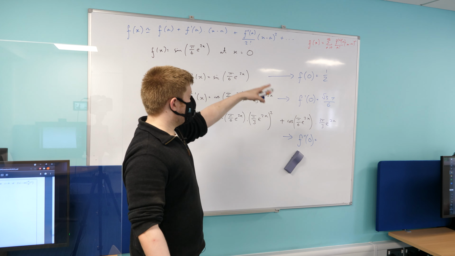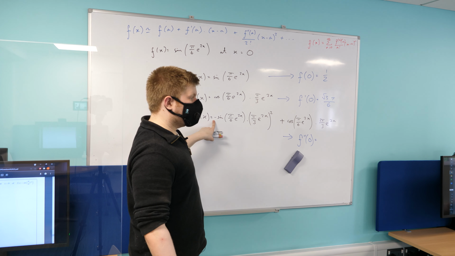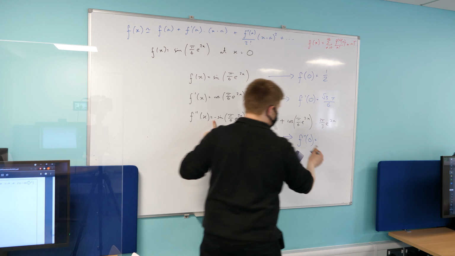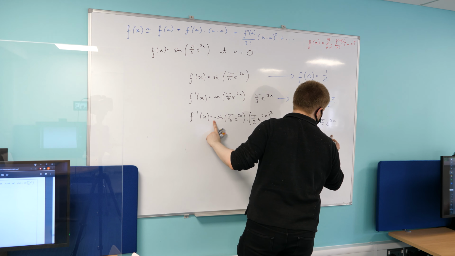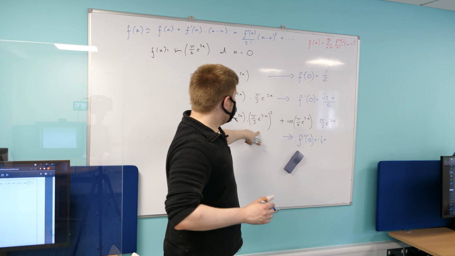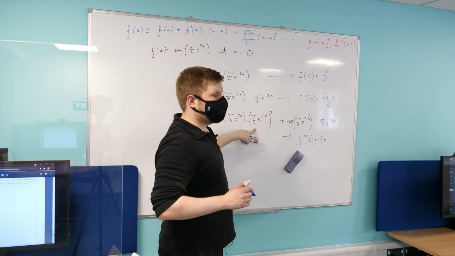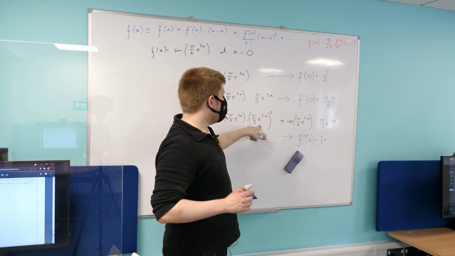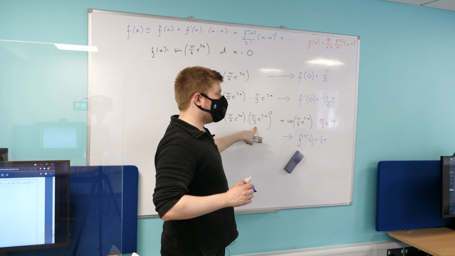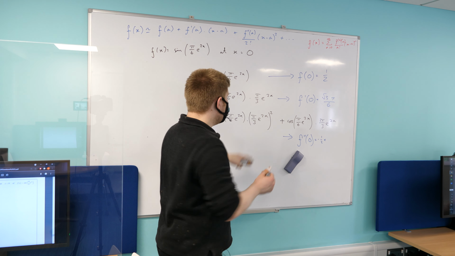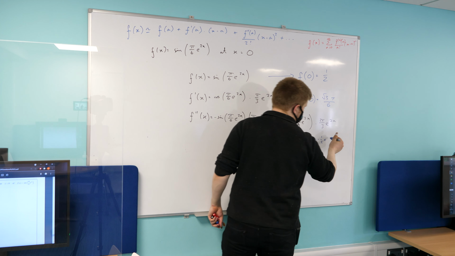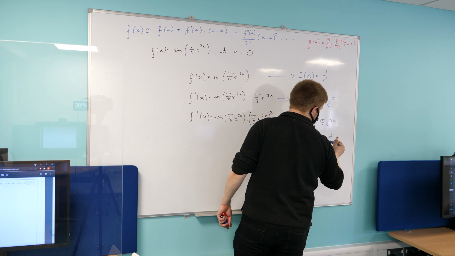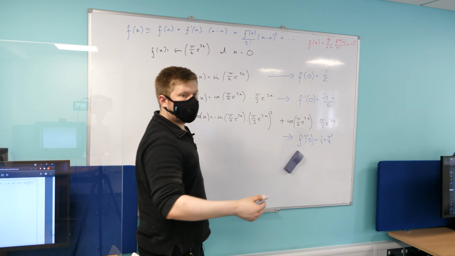Well, sine of pi by 6 we saw above was a half, so it's going to become negative a half, right? Then I need to multiply that with, when I stick 0 in this part, pi by 3 e to the power of 0, which is just going to be pi by 3, and then I need to square that. So that's going to become pi squared over 9. Square the top, square the bottom.